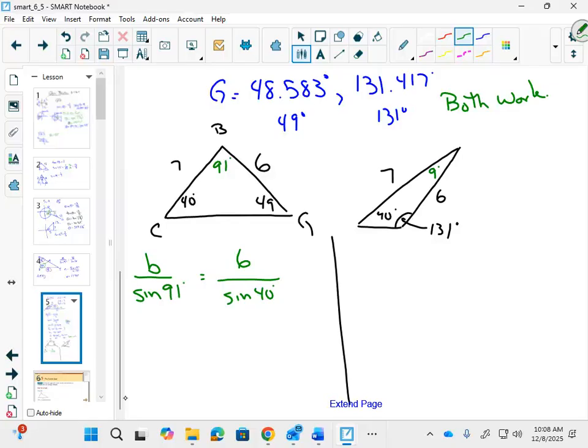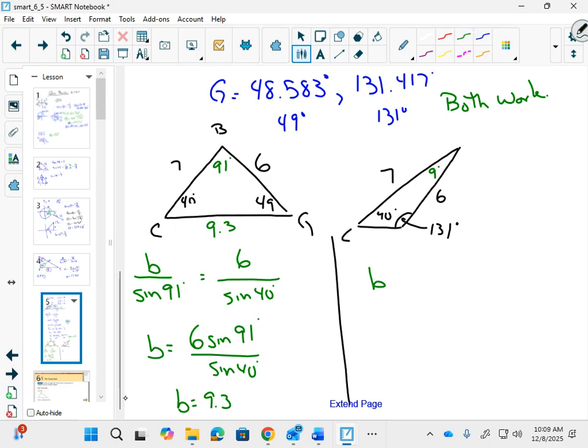So on this one, b is going to be 6 sine 91 over sine of 40. And over here, b over sine of 9 degrees equals 6 over sine of 40.